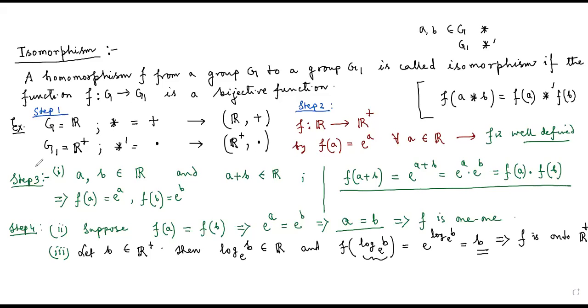So from these properties 1, 2, and 3, we can conclude that the given function f is an isomorphism, and this property of isomorphism is very important, and it is also applied in the study of graph theory.